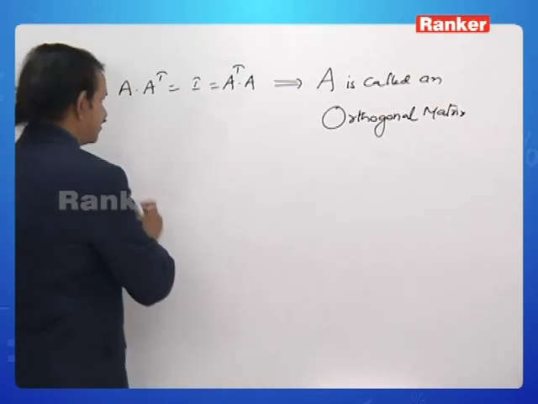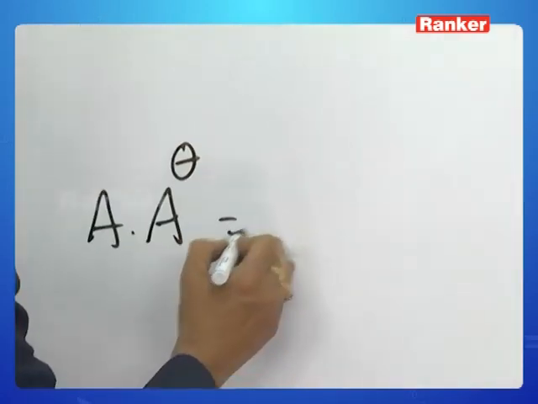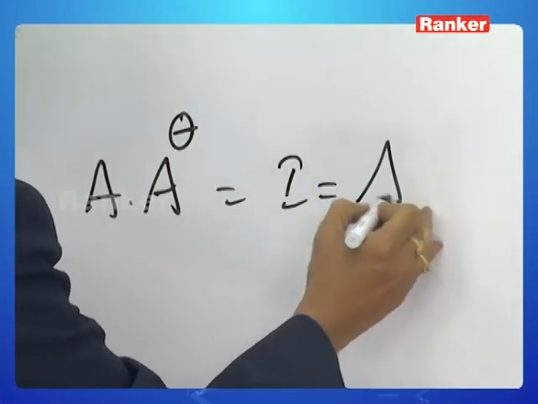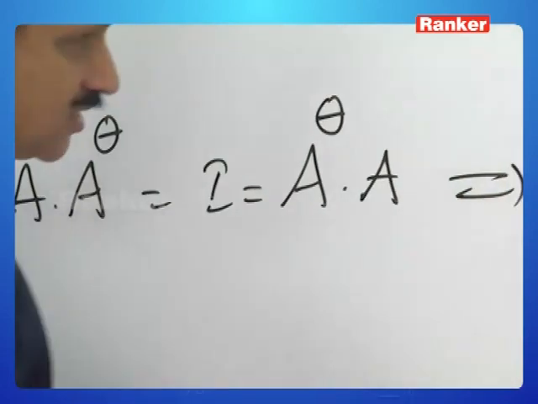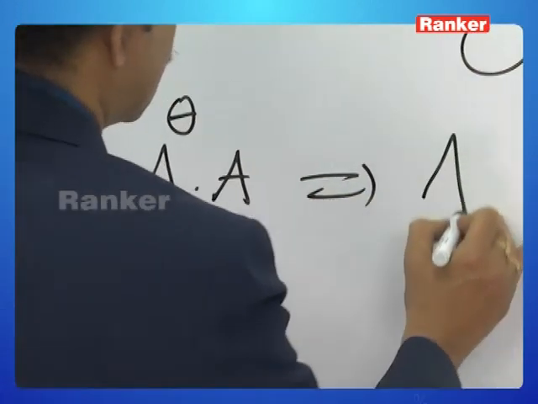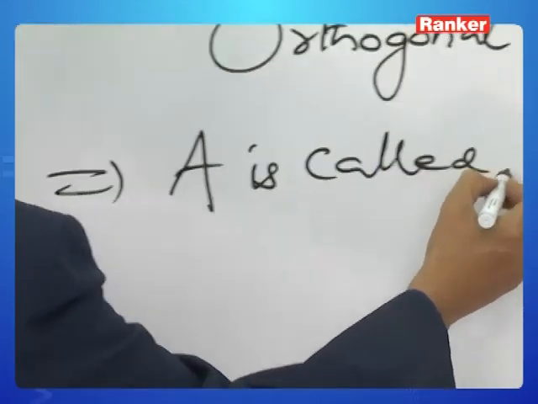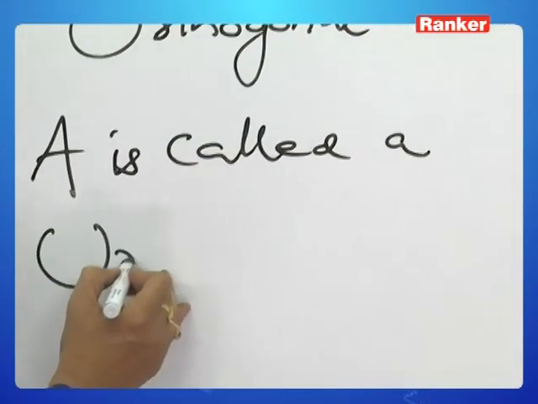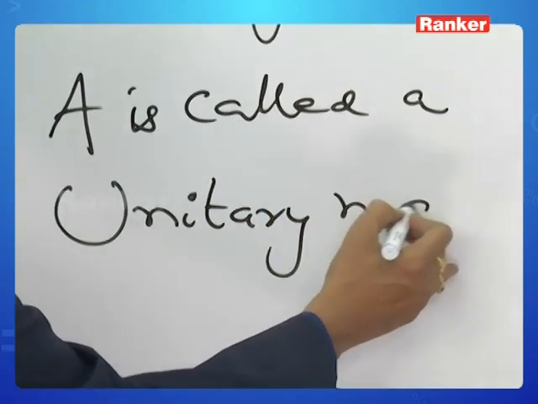In a similar fashion, if A into A theta is equal to I is equal to A theta into A, in this case A is called a unitary matrix. What is that? Unitary matrix.